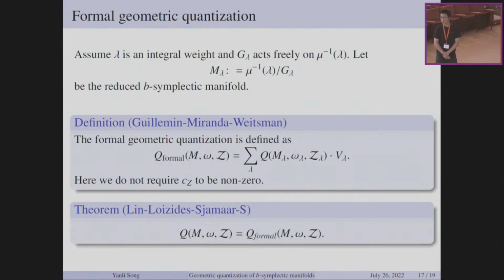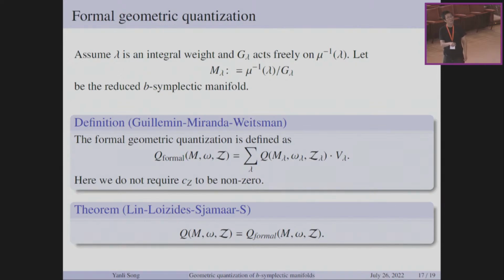In this case the reduced space will again be a b-symplectic manifold. This is due to Gualtieri, Miranda, Weitsman, who defined a formal geometric quantization. You can use the reduced space, because for every reduced space you can quantize it and get a number. So the formal geometric quantization is defined in terms of the reduced space. But here, as I said, we provide a way to quantize the b-symplectic manifold even where there's no group action, where the modular weight is equal to 0, so that we allow this to be non-zero.